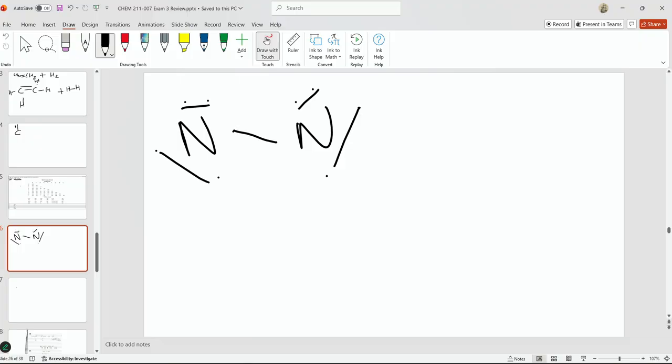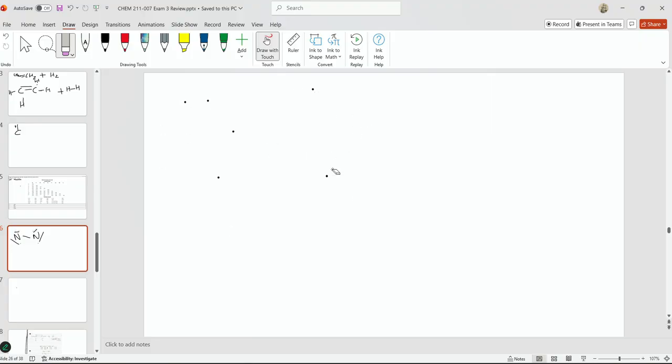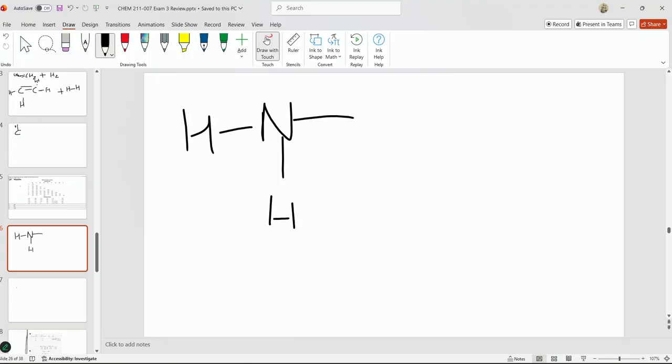So the reactant is going to be like N to H, N to H, connecting N to H, N to H, 1, 2, 3. So it's going to be like this. So that's 5.